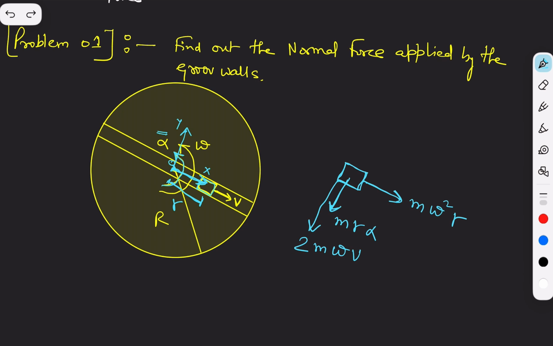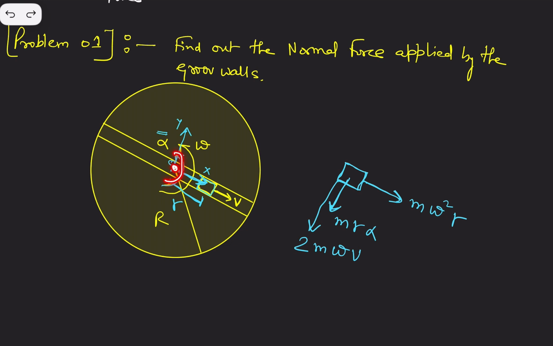So guys, of course, if you are sitting in the rotating frame, you are going to observe that this body is not moving in this direction. And because it is not moving in this direction, according to you the net force in this direction should be zero.